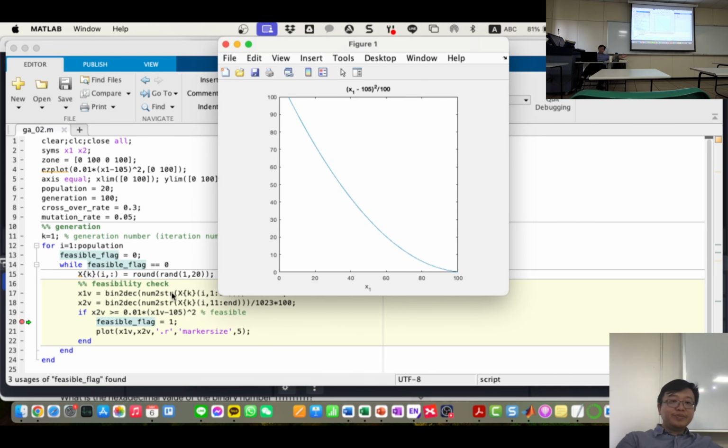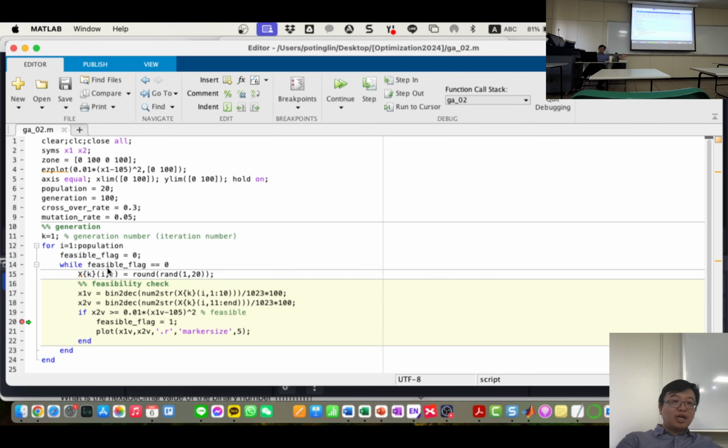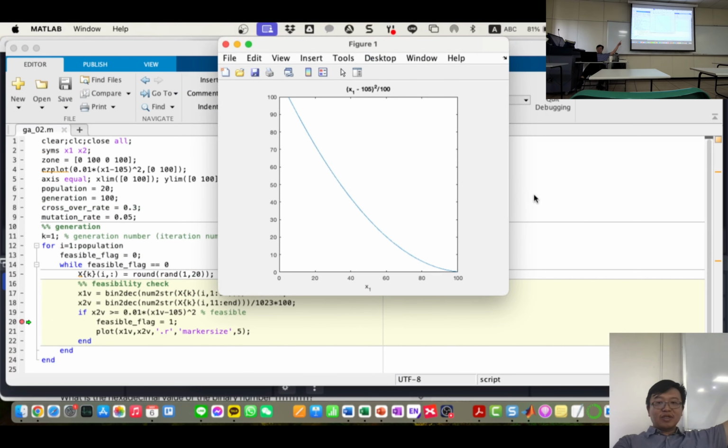So over here, this is i equals 1. In this particular trial, we bump into 74 and 11. 74 is somewhere here, 11.